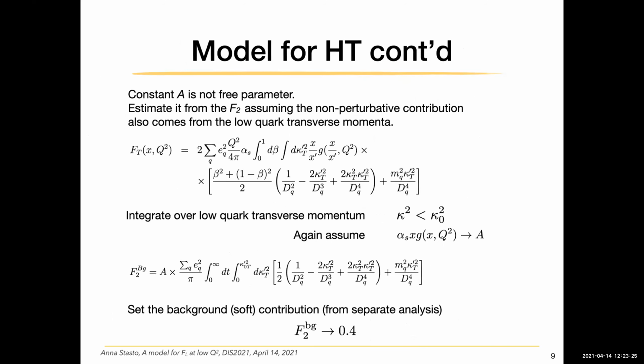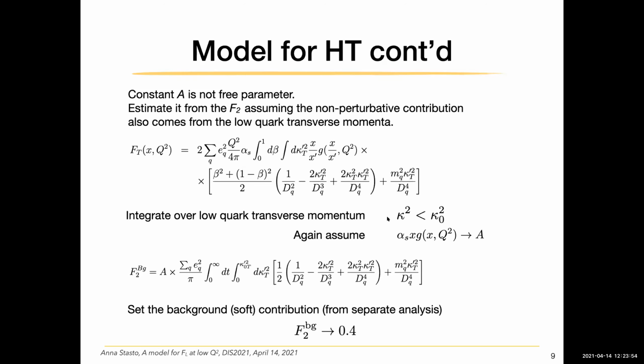So this constant A is not a free parameter. We essentially estimated it from F2, assuming that the non-perturbative contribution to F2 also comes from low quark transverse momenta. So we take the expression in terms of KT factorization for F2 or F transverse, and then we integrate over the low quark transverse momentum again.